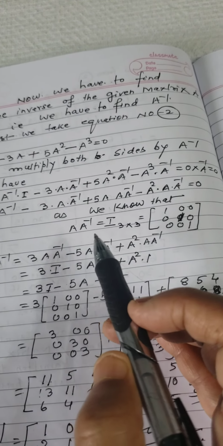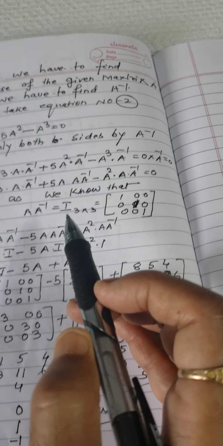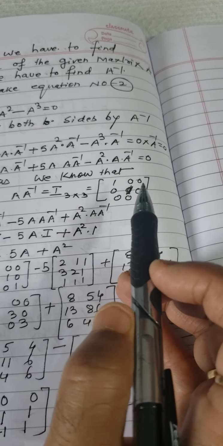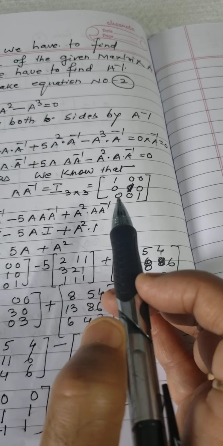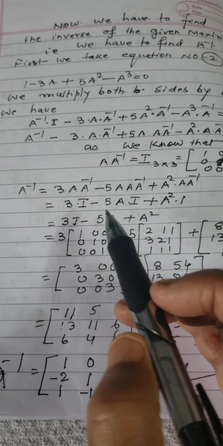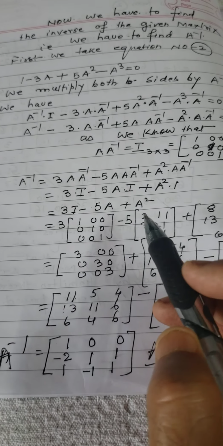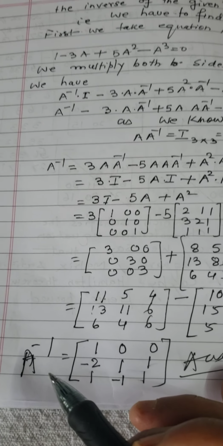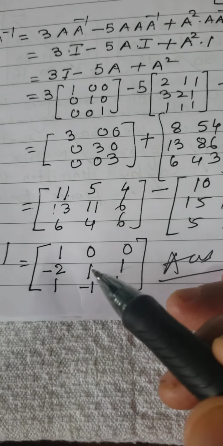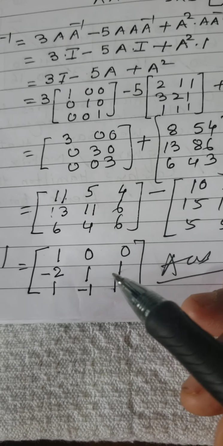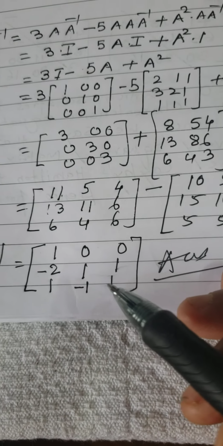So A into A inverse is the unit matrix, which is [1 0 0; 0 1 0; 0 0 1], all diagonals unity. Put these values, and after performing we get A inverse is equal to [1 0 0; minus 2 1 0; 1 1 minus 1].